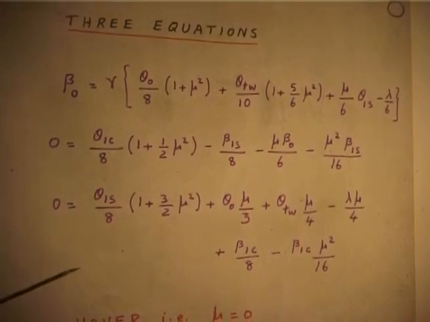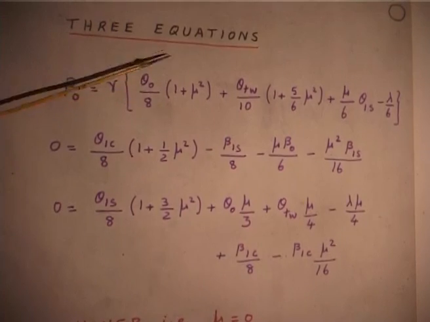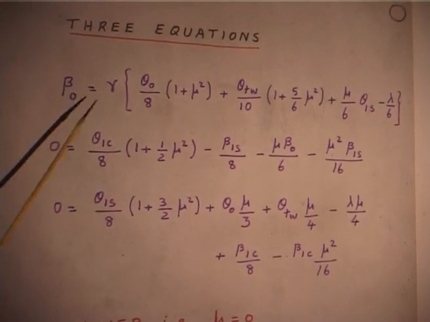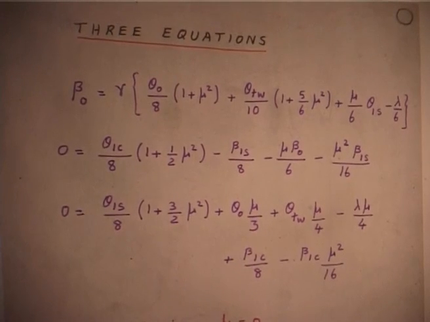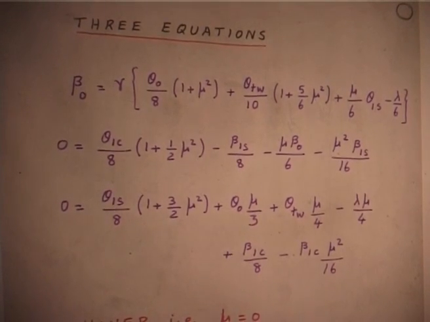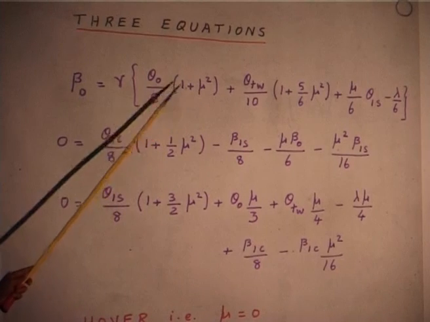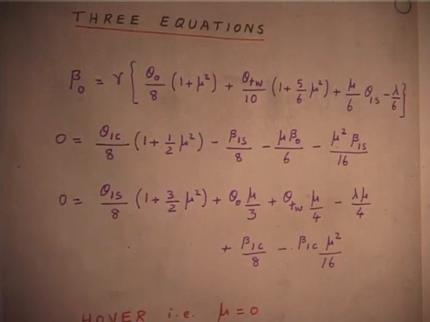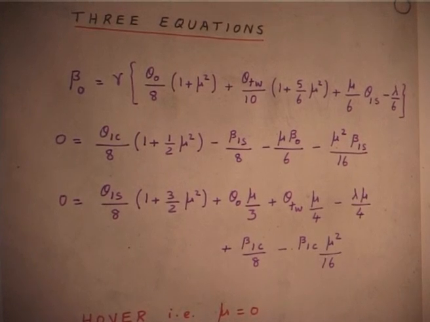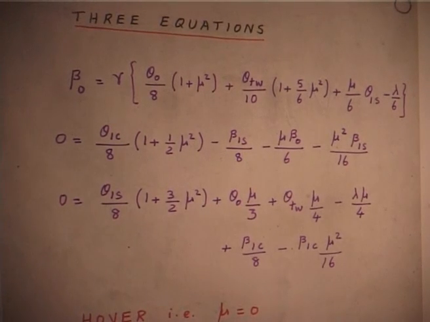Please understand, before you solve these three equations to get beta naught, beta 1 s, beta 1 c, you must know what is the lambda, what is the input pitch angle, what is the operating condition, at least that part you must know, because it is not that I do not know that, then what will I do, that part we will come to later.